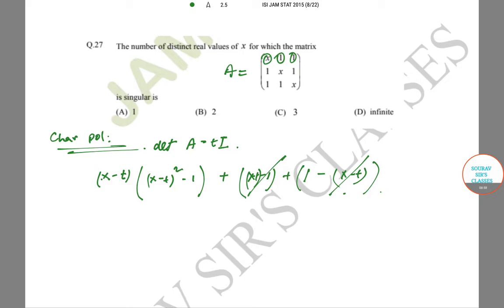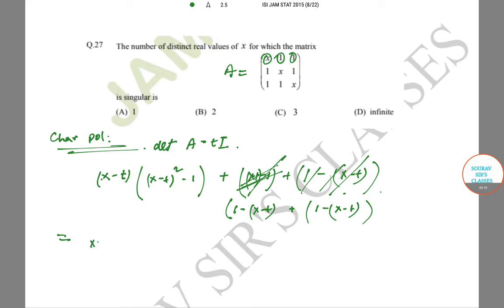So here we have x minus t times this, the next one would be 1 times (1 minus (x minus t)), so this is also actually 1 minus (x minus t), and we have another 1 minus (x minus t). Sorry for the mess up.